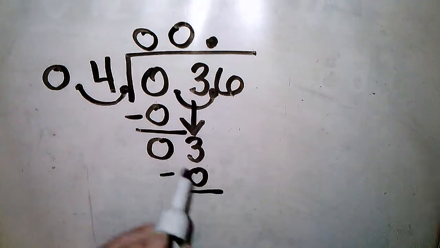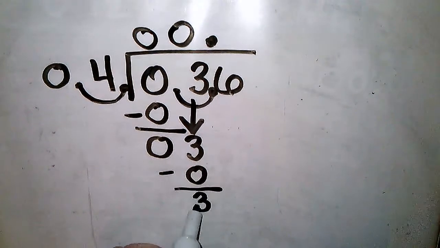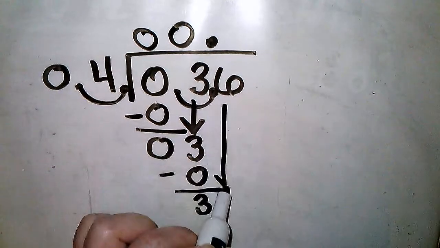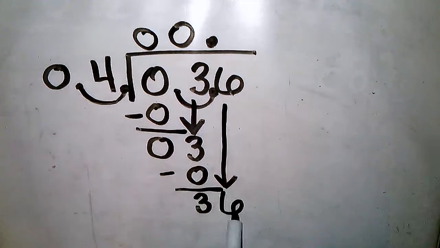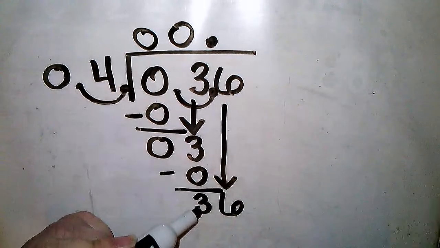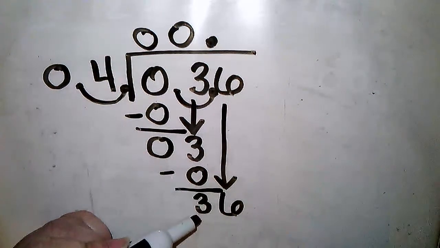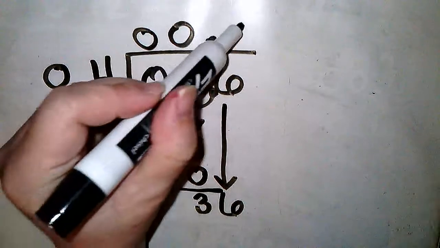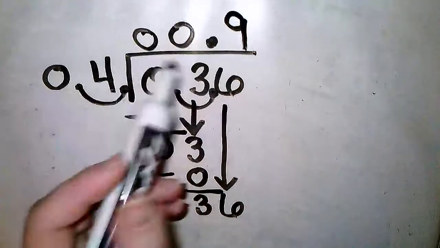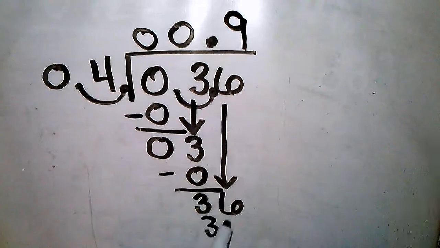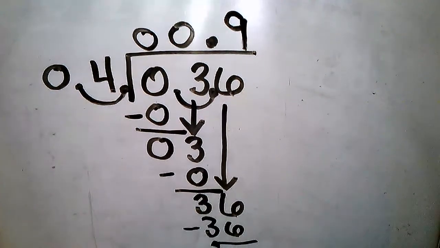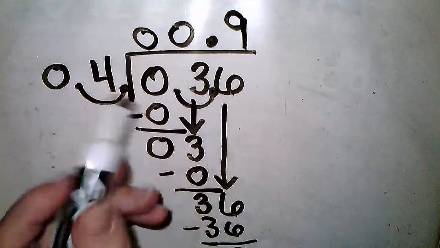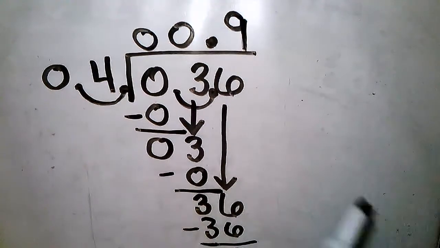Again, subtract. 3 take away 0 is 3. I'll bring this 6 all the way down. Okay, well, how many times is 4 going to go into 36? I know that 4 times 9 is 36, so I'll try 9 up here. 4 times 9 is 36. Subtract. I get 0. So the answer to this problem is 9 tenths.